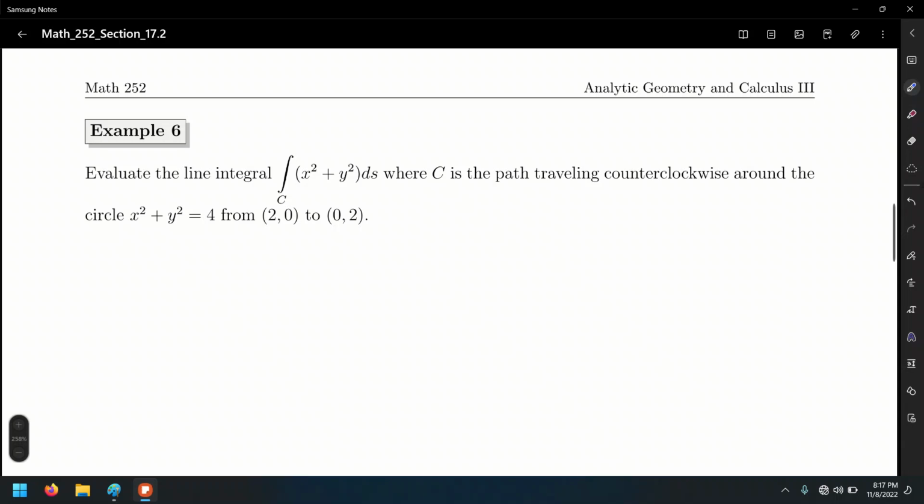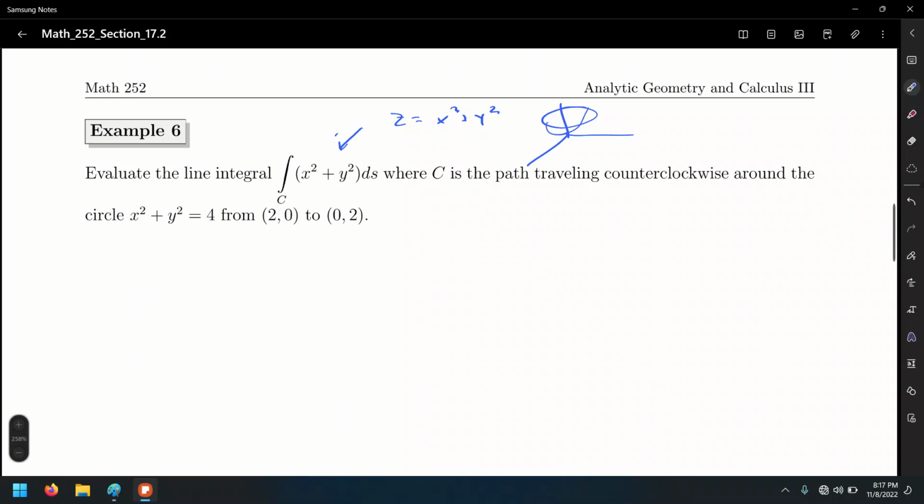This is actually z equals x squared plus y squared, which, again, I think is a circular paraboloid. And we're going to have the circle intersecting on that paraboloid, and we're going to find the area of that curtain generated by the path, in this case from the point (2, 0) to the point (0, 2).